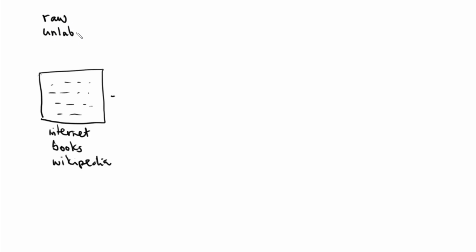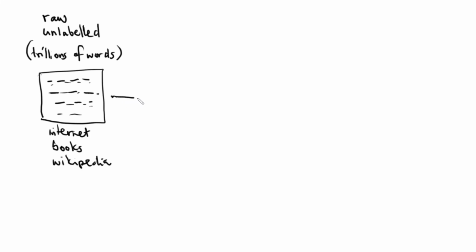It doesn't have any labels. It's just Harry Potter books, newspaper articles, Wikipedia articles. We just want text that is written. That's all we want. It's raw, it's unlabeled, and it could have trillions of words. Many, many words are in this raw unlabeled text.